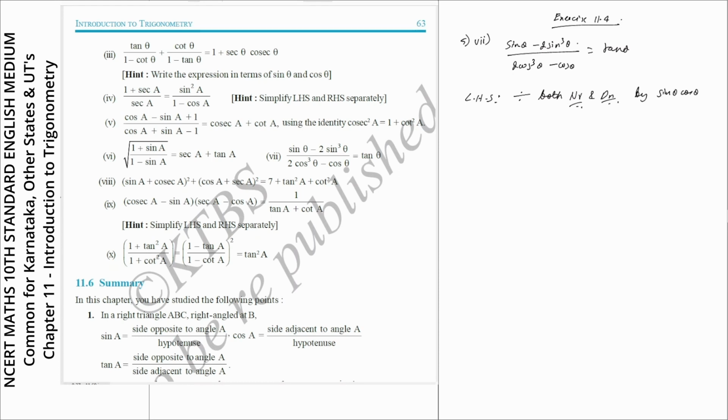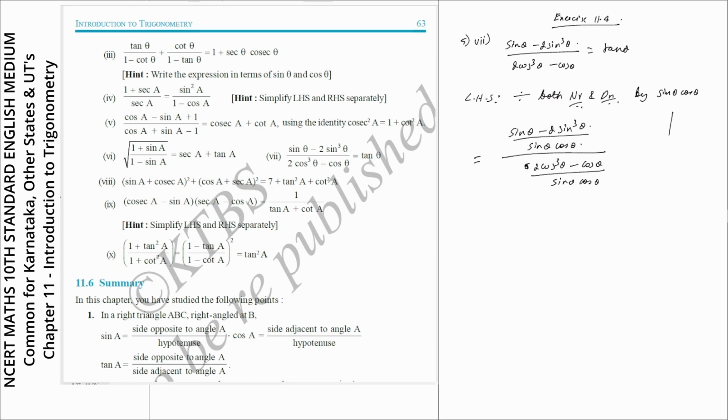If I do so, what I will get is (sin theta minus 2 sin cube theta) divided by sin theta cos theta, divided by (2 cos cube theta minus cos theta) by sin theta cos theta. If I divide both numerator and denominator by the same term, the value will not change.